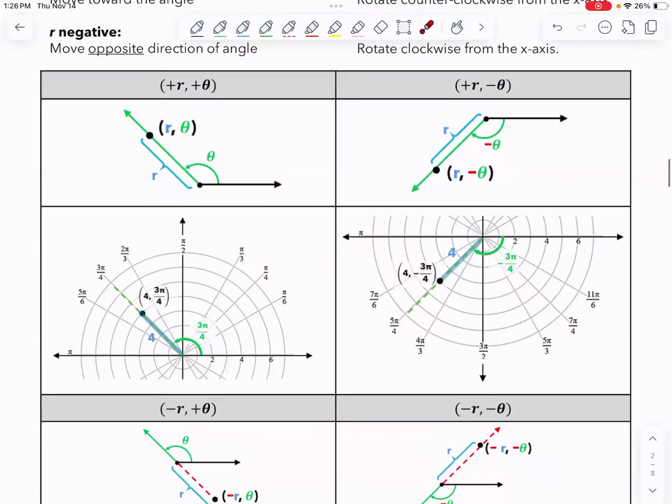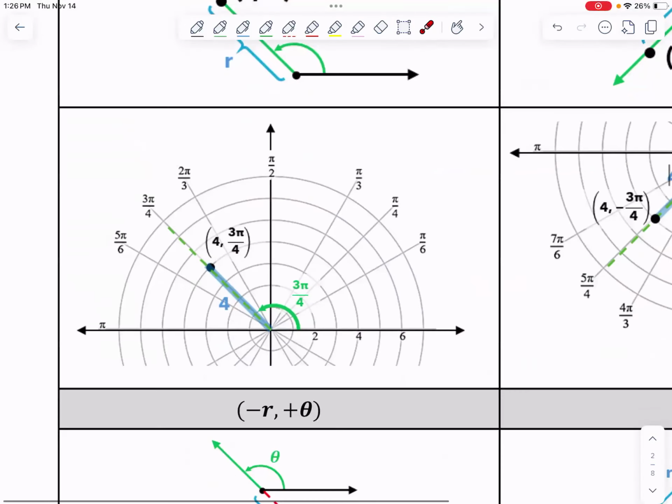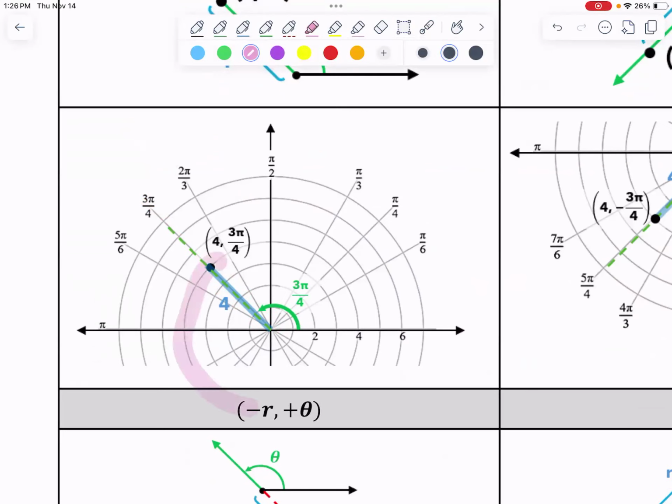So you can kind of see here, this is the point 4 comma 3 pi over 4. So you go to 3 pi over 4, draw the terminal side, and then you're going out 1, 2, 3, 4 units. Sometimes I like to draw little circles here on the lines, just because with polar coordinates, it can be kind of hard to tell what units you are outward.